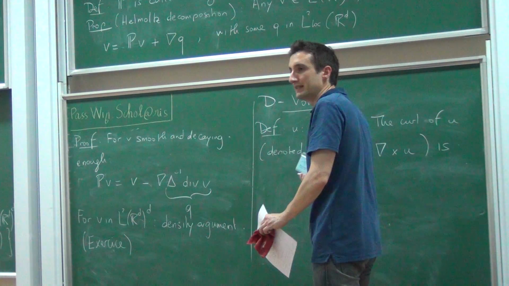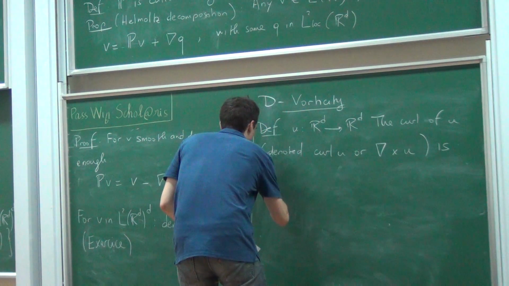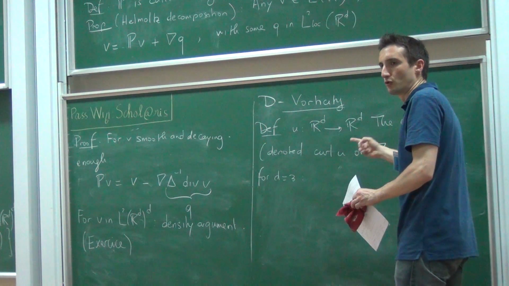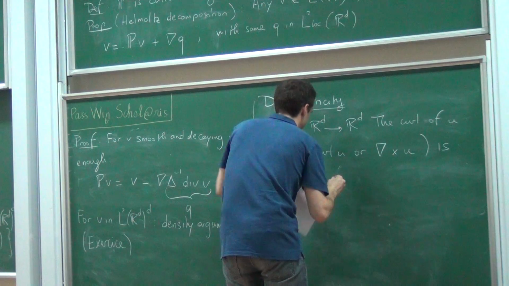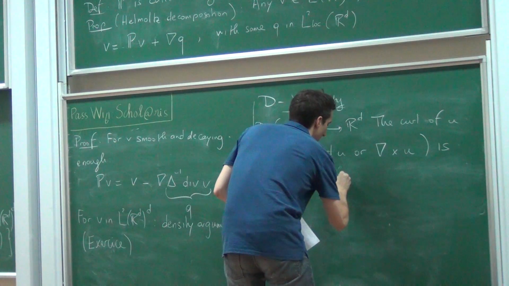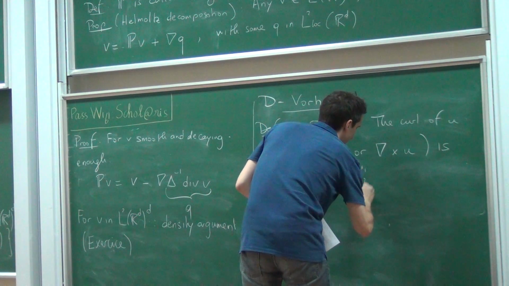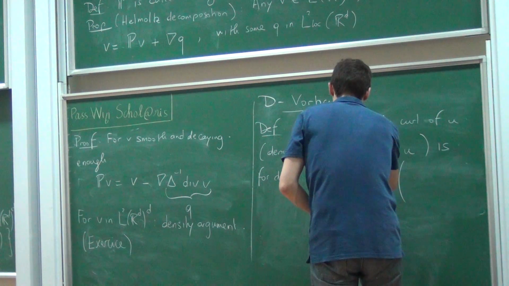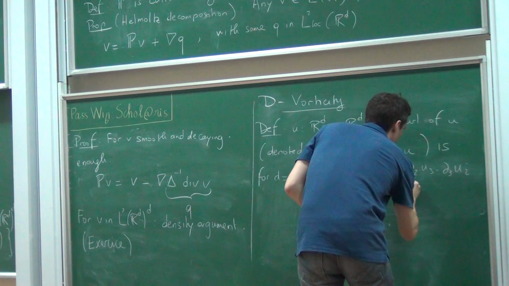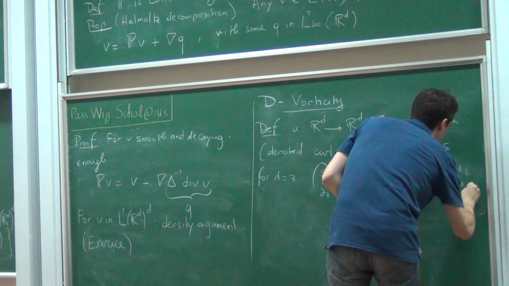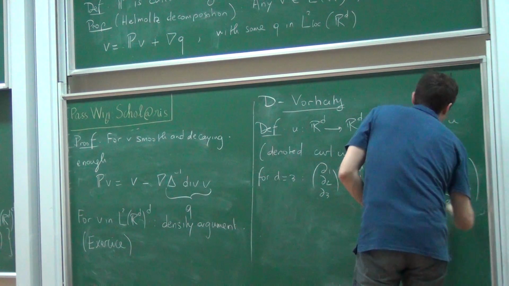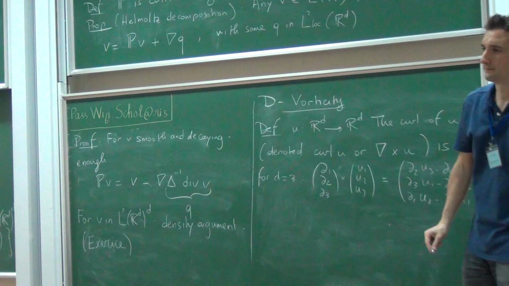In 3D, as this notation indicates, it's the cross product of d1, d2, d3 with U1, U2, U3. So that's d2 U3 minus d3 U2, d3 U1 minus d1 U3, and last is d1 U2 minus d2 U1. Okay, that's for d equal 3.